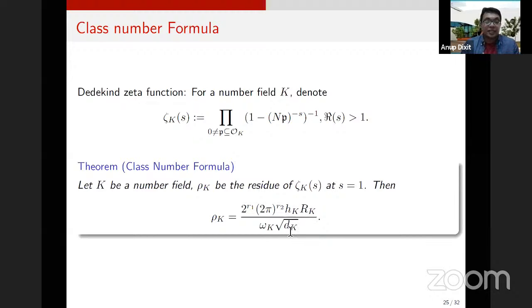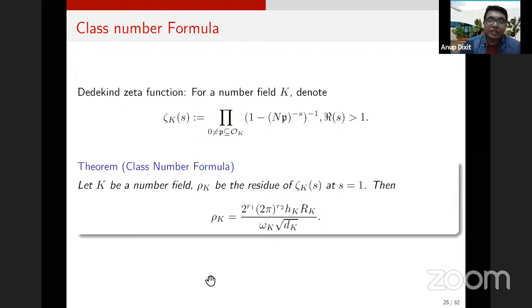Here d_K is the absolute value of the discriminant, and ω_K is the number of roots of unity in K. r_1 is the number of real embeddings, and r_2 is the number of complex embeddings of K. So this is the beautiful class number formula. And this is what we will use to approach the problem of how the class number times the regulator varies on varying number fields.